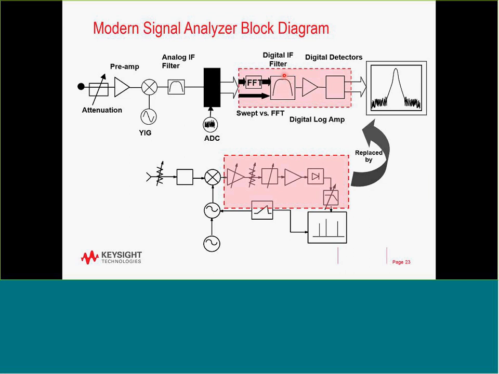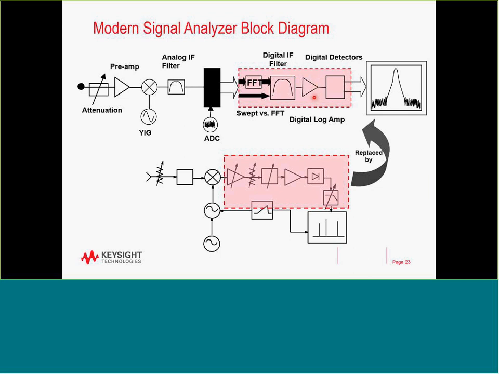In the past, if you were changing the resolution bandwidth, there were switches that would switch the appropriate filter. Of course, there was uncertainty in the switch, and there were also differences between the filter shapes. All of that is done digitally, so we control the shape of the filter, and there's no switching, so there's no uncertainty because of switching.